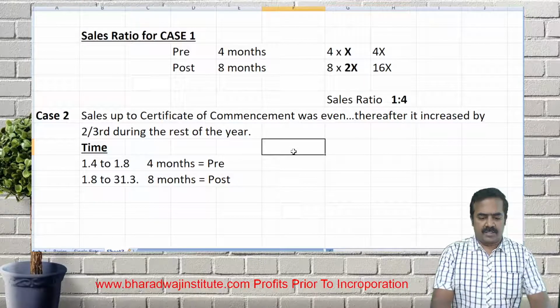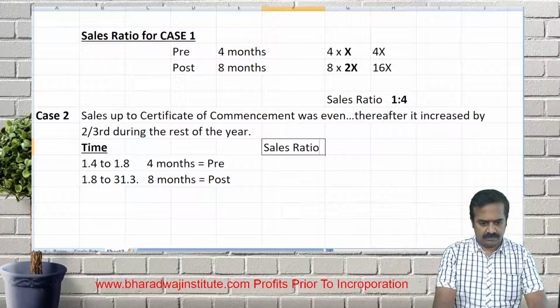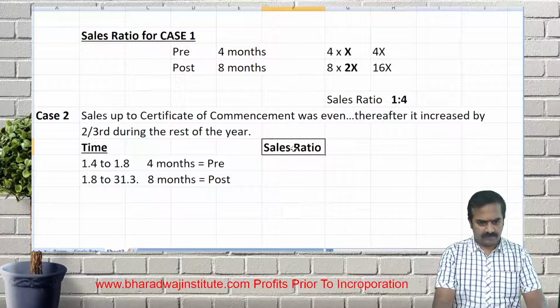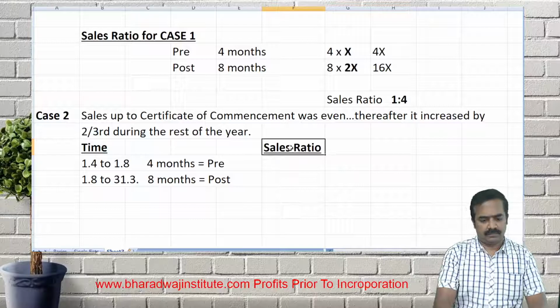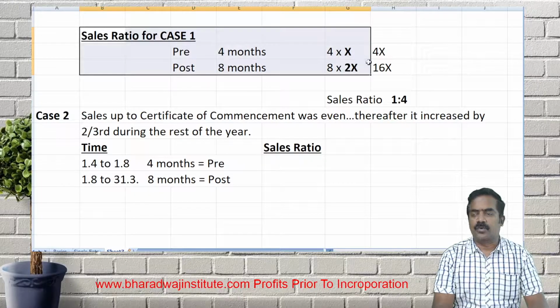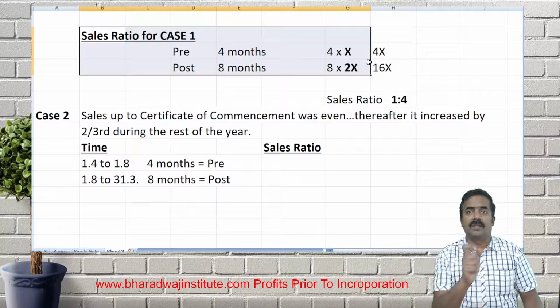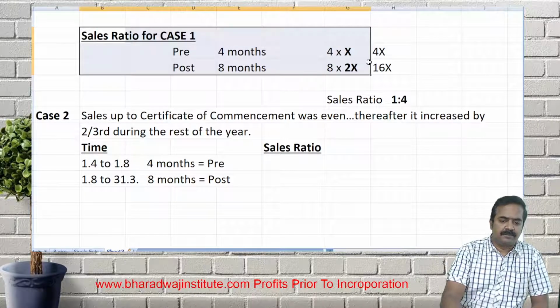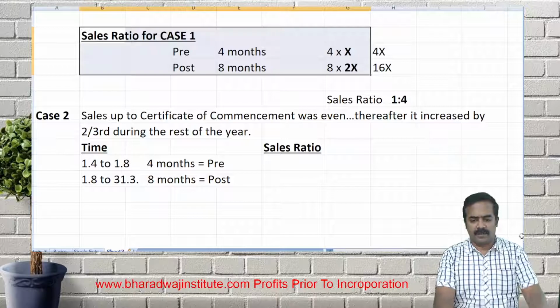Now what is the sales ratio? Any doubt in the first case? 4 into X, 8 into 2X, since they used the monthly average basis. Try case 2.